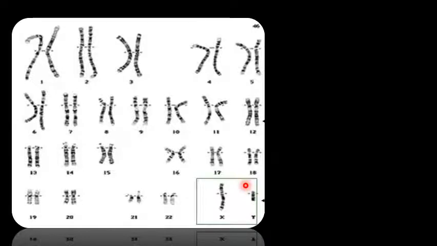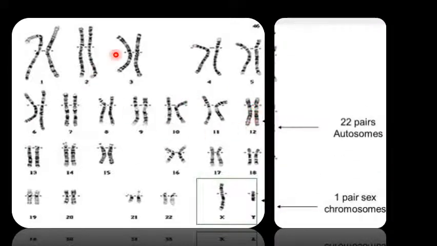Other than sex chromosomes, the remaining chromosomes are called autosomes. How many pairs of autosomes do we have? We have 22 pairs of autosomes and one pair of sex chromosomes. The sex chromosomes are also called allosomes.